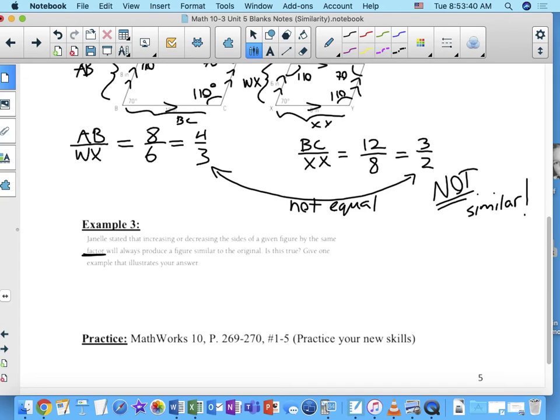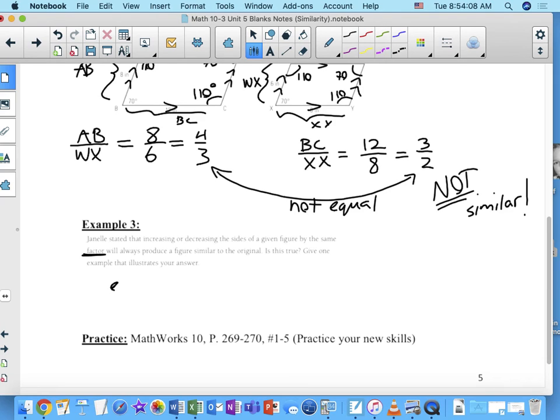If it said, she stated that you're increasing or decreasing by the same amount, like you're increasing or decreasing them all by 2, then that would be an adding thing or a subtracting thing. That would not create a similar figure, okay? However, when you're using a factor, then there is multiplying, so that is going to create something that's similar, okay?